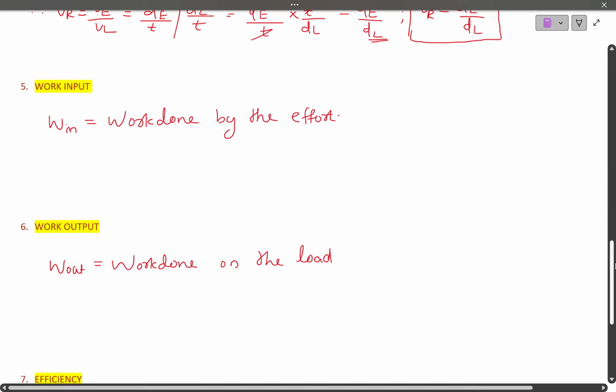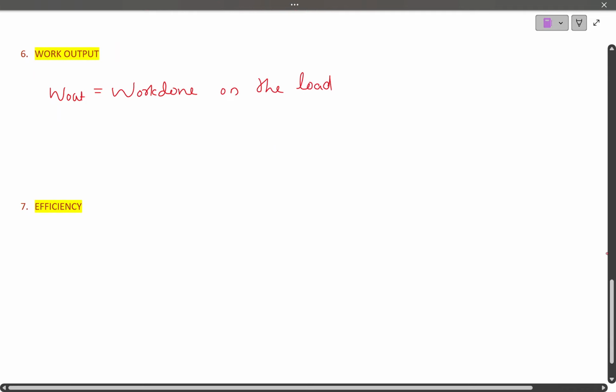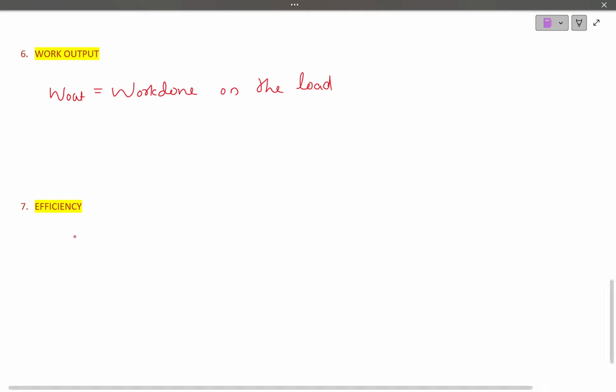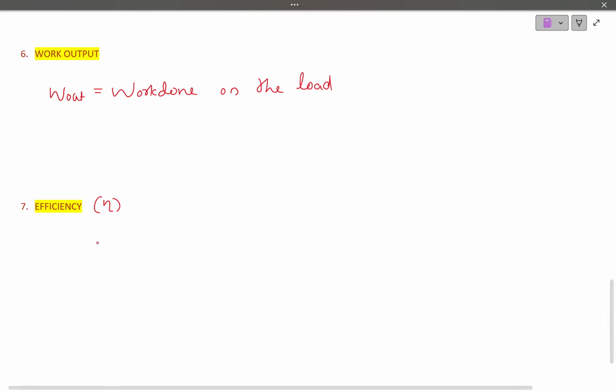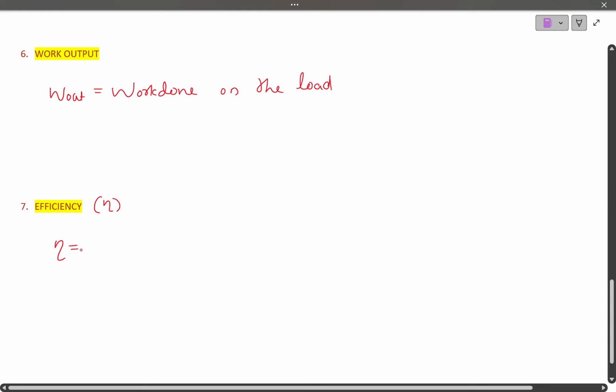The last term which is very important, that is efficiency. Efficiency is denoted by eta, and it is a ratio of work output to work input. So let's write the equation: eta equals work output by work input.